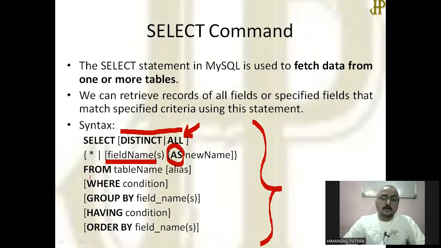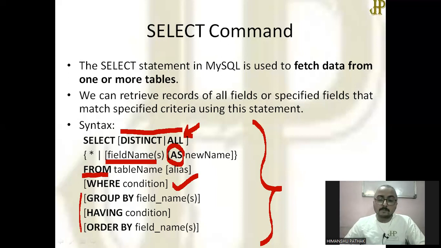After that, from which table you want to fetch the data. Then if any condition is to be applied, it should be kept under the where clause. After that, there are more such clauses. As soon as we cover them, we will learn about them.